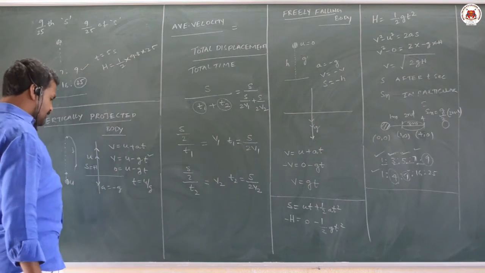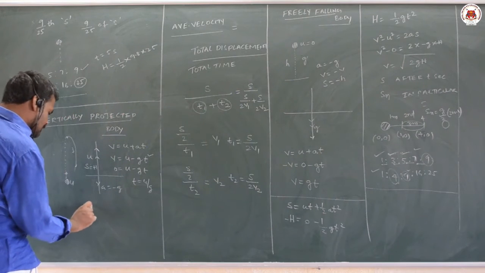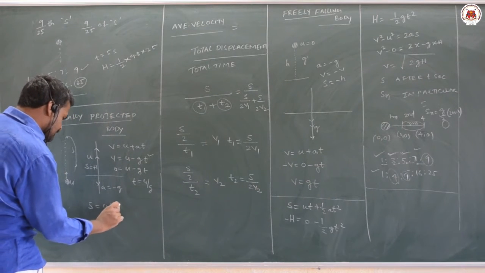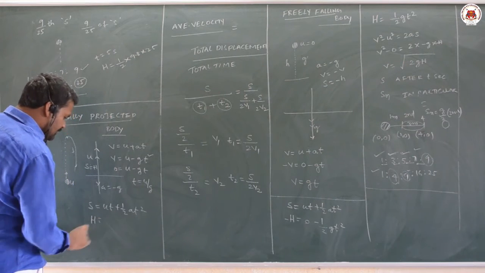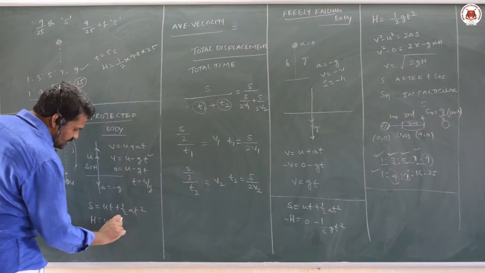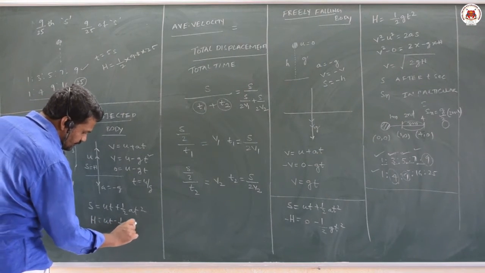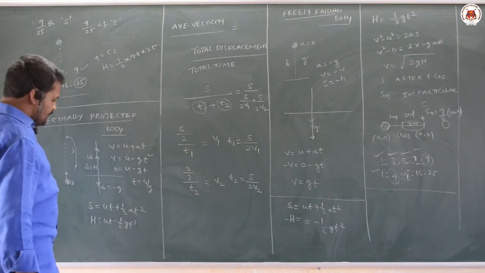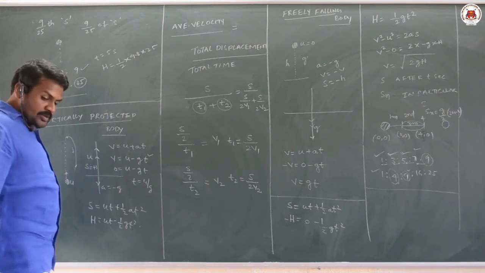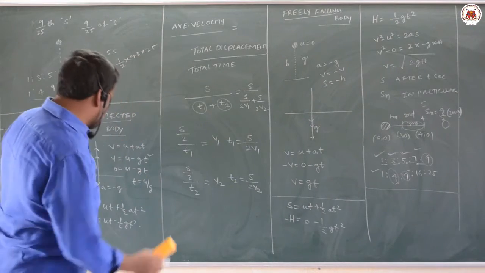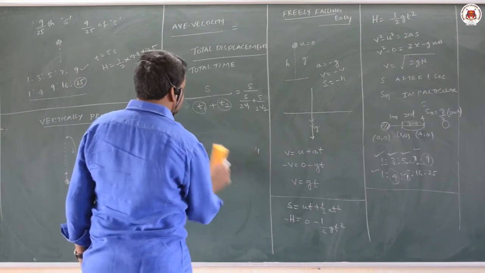Next, similarly, s is equal to ut plus half at square, that is h is equal to ut minus half gt square. Here one important point is to be discussed.